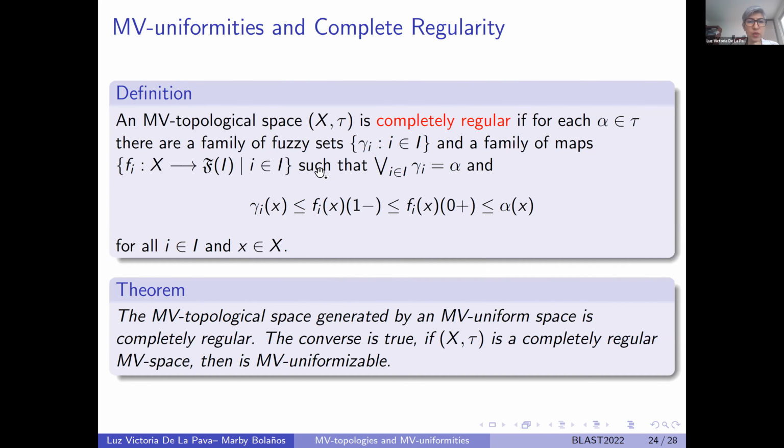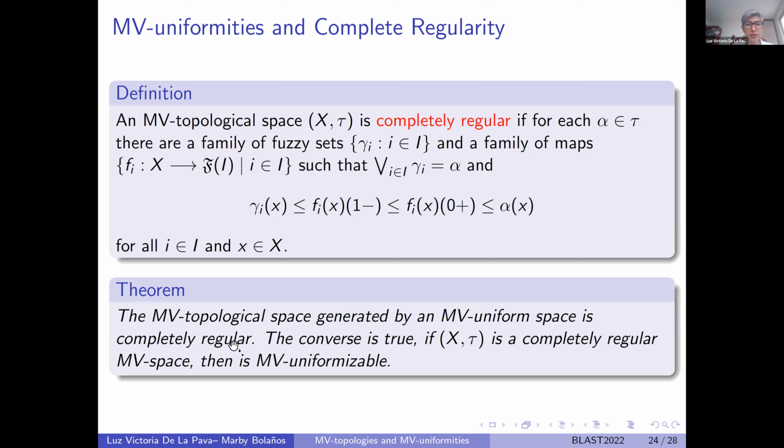We define too a completely regular space. An MV topological space is completely regular if for each open set alpha there are a family of fuzzy sets gamma_e and a family of maps f_e from X to the fuzzy interval, such that alpha is the join of this family, and they satisfy again this inequality that is a kind of separation again.